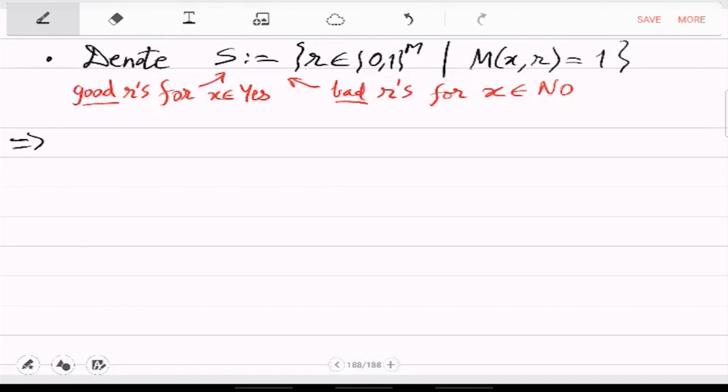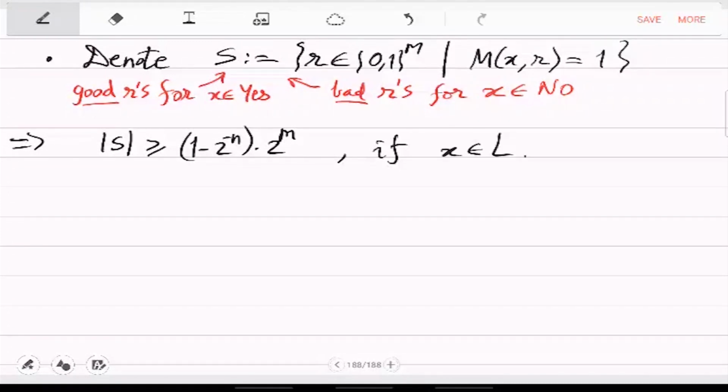So what you get is S is at least this much if x is in L, and it is smaller if x is not in L. Okay, so there is a big gap in the size of S, and the idea is to check this difference in sigma 2.